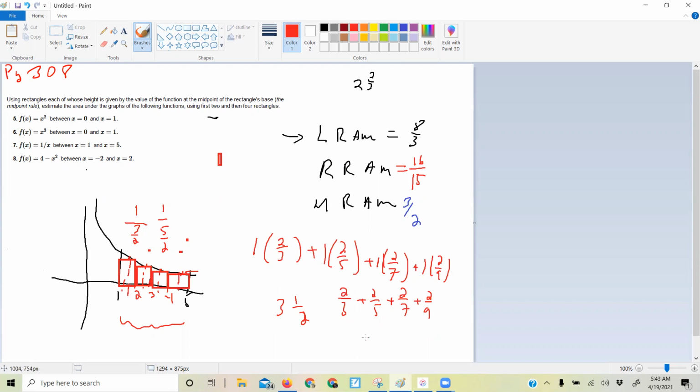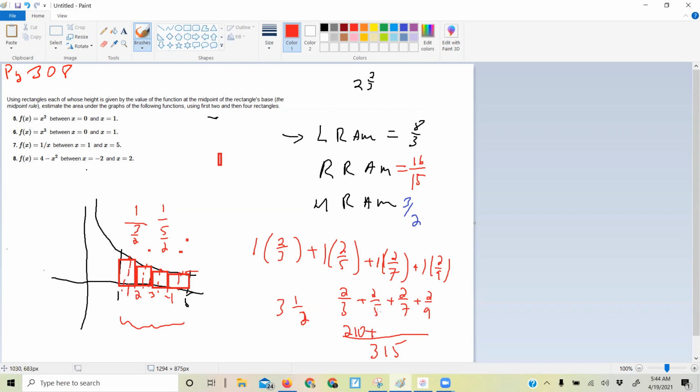So these are all going to be over 315. So 315 divided by 3, I should be able to do in my head, but I'm not right this second. So I got to multiply the 2 times 105, so that's 210.